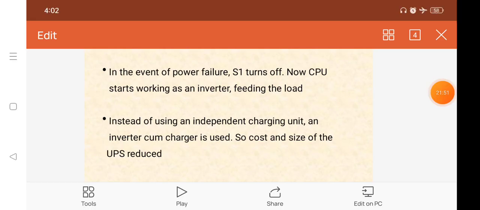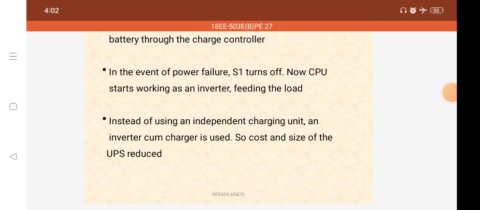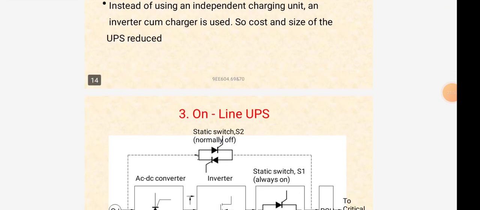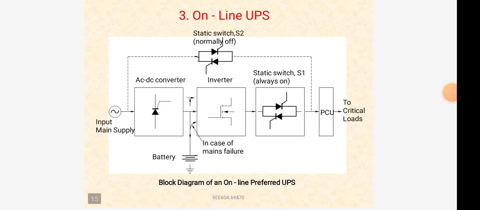So now we watched the YouTube video about offline UPS. Now we are going to discuss the online UPS. This is the circuit diagram for online UPS.